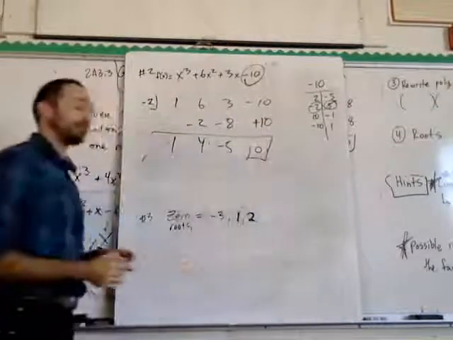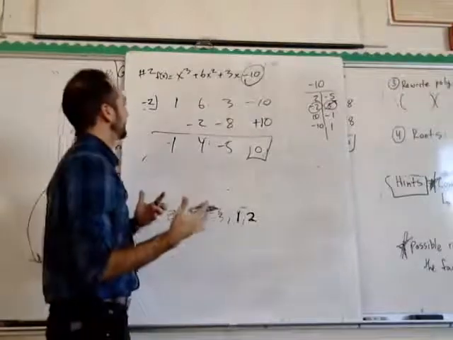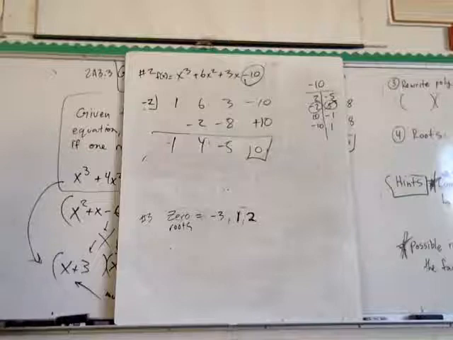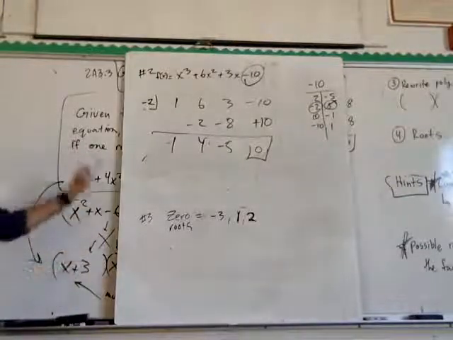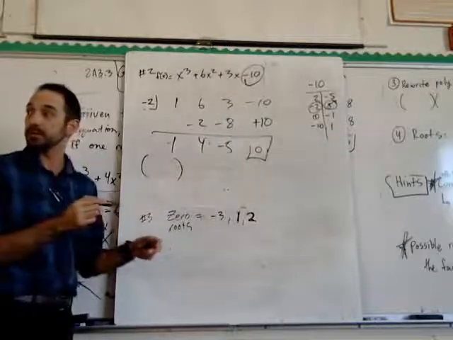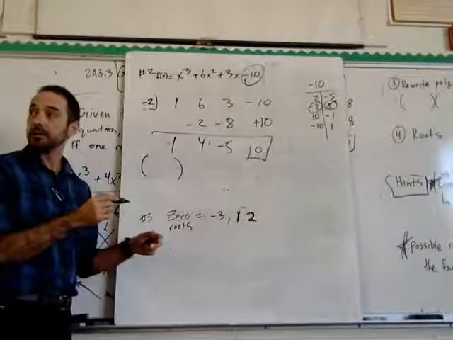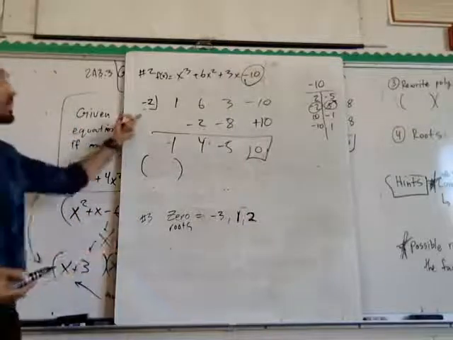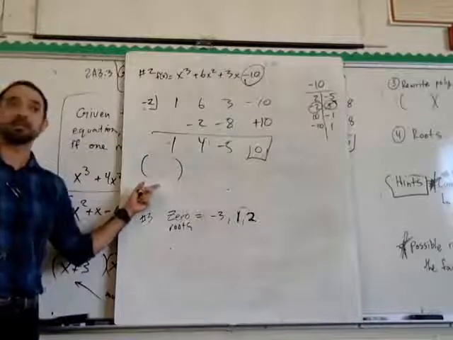See, I told you. That's right. So here's the deal. I know that -2 is a root. If -2 is a root, how am I going to express it in this expression then?